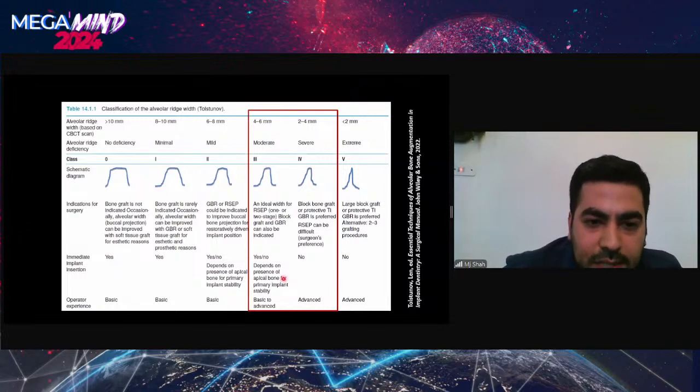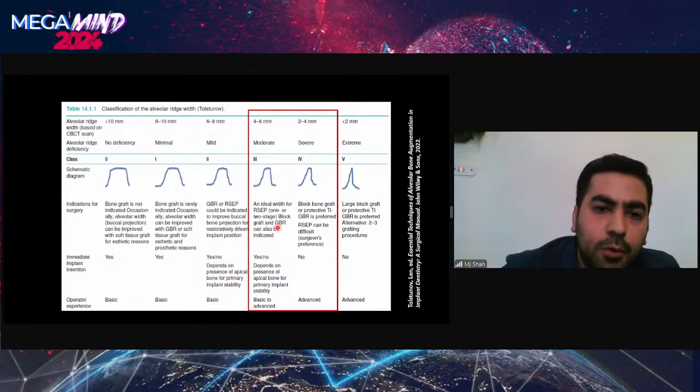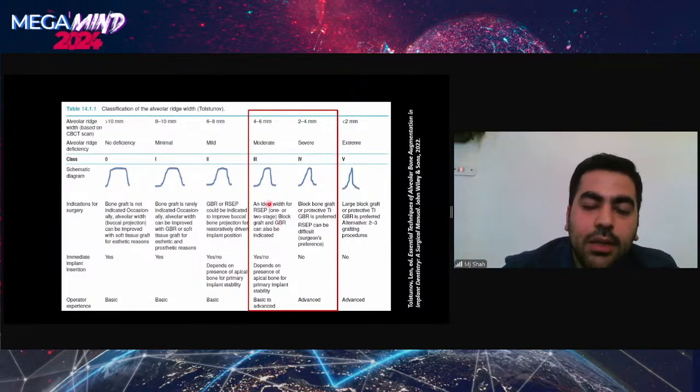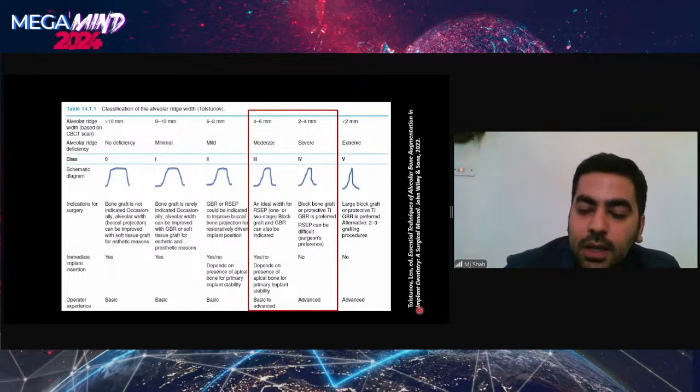And as you can see, these are ideal ridges for the ridge split technique. And of course, in class 3, we can place the implants in the same stage as the augmentation. So it really shortens the treatment period.